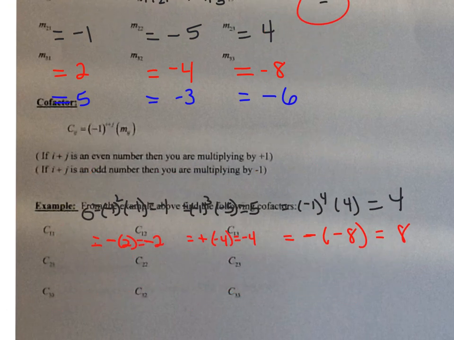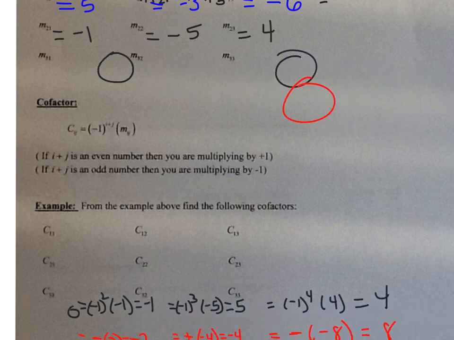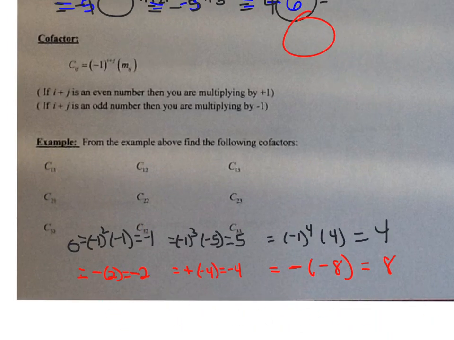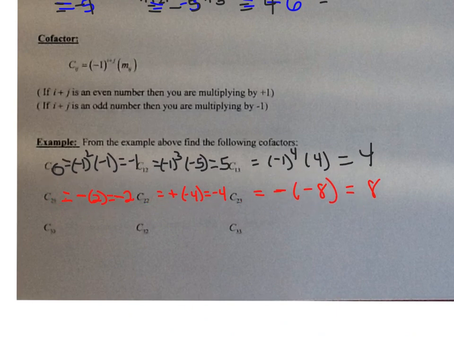All right, so I'm just going to move everything up a little bit. Okay, so cofactor 3, 1. So that's 3 plus 1 is 4, so that's going to be a positive times my minor of 3, 1, which is 5.